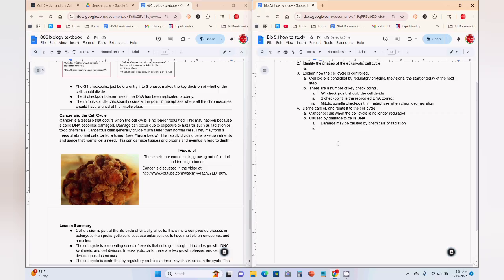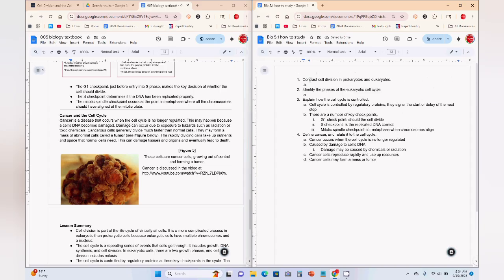Cancer cells generally divide much faster. They may form a mass of abnormal cells called a tumor, and rapidly dividing cells take up nutrients. So, all right, now I'm going to go back because this is a new subtopic. So cancer cells reproduce rapidly and use up resources like nutrients. Cancer cells may form a mass or tumor. All right, and that's it.